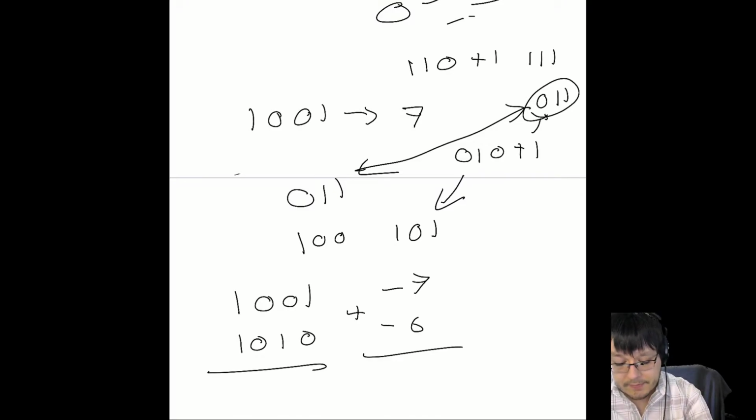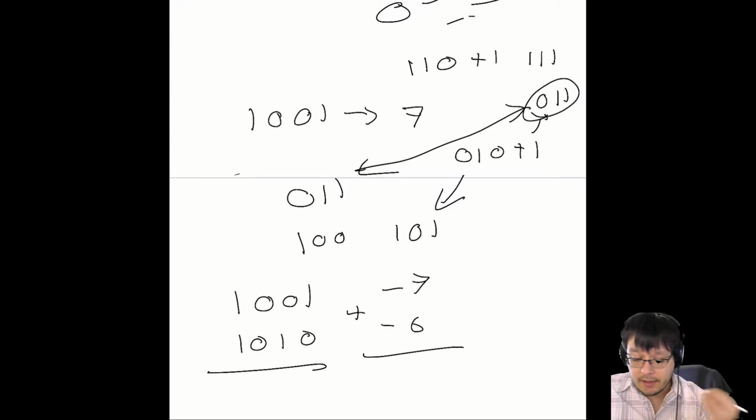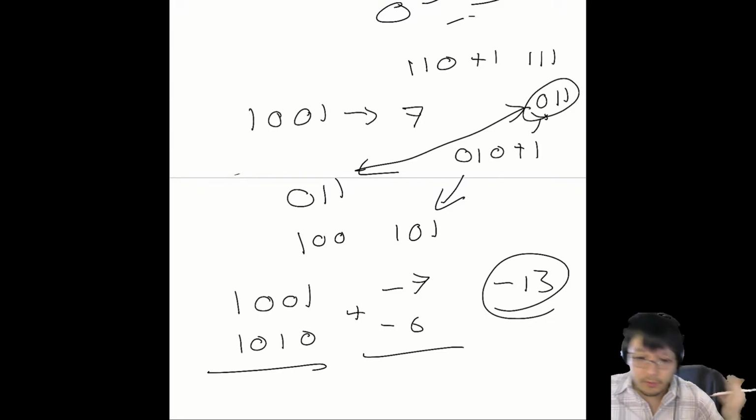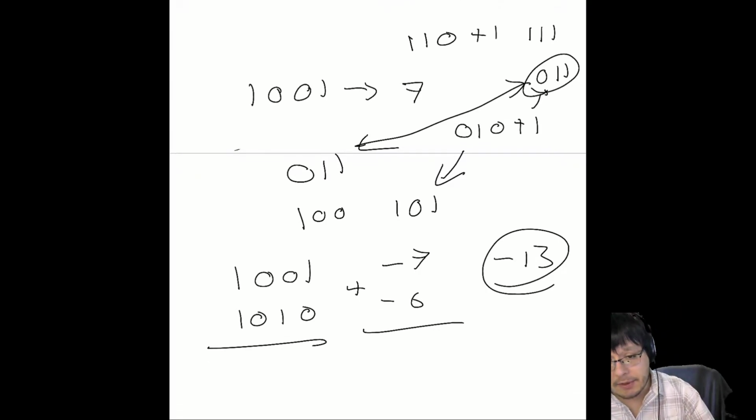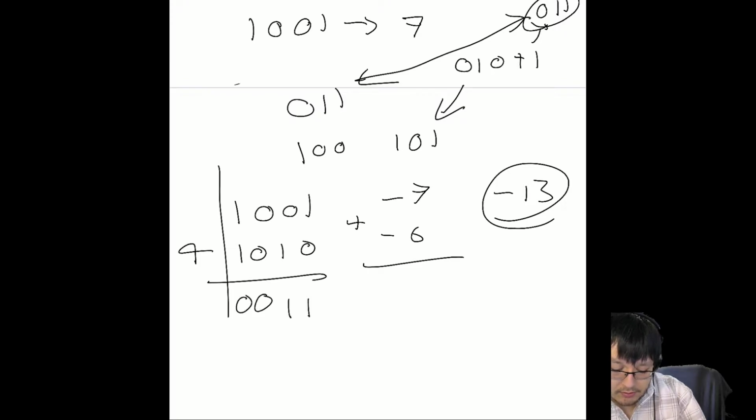If we're adding negative 7 plus negative 6, the answer that we should get in math would have been negative 13. However, here, because we are only dealing with a 4-bit system, when we do this addition, we get a 1, 0, 0, 1.